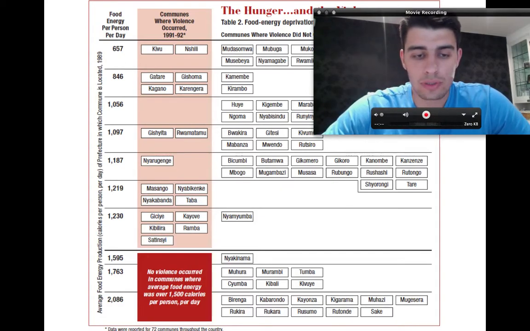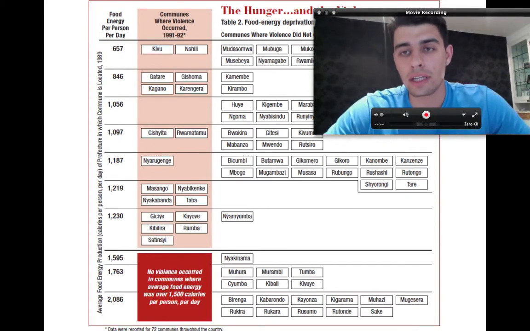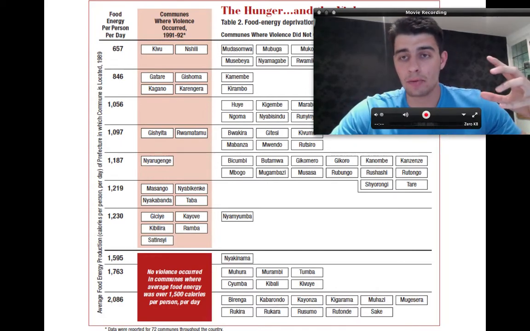There were also attacks by the RPF, a faction which was a militia faction of the Tutsi party that had developed in Uganda. They came over the border and attacked some Hutu peasant populations.